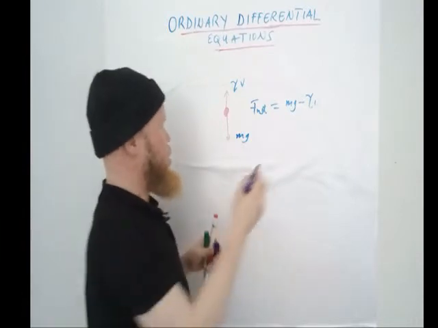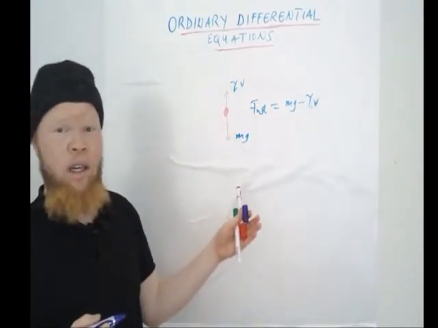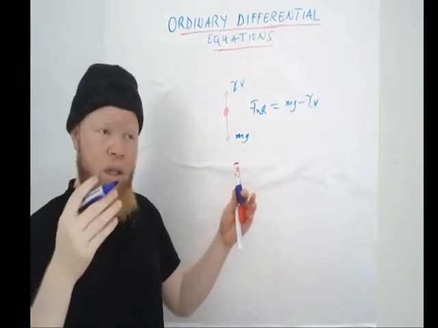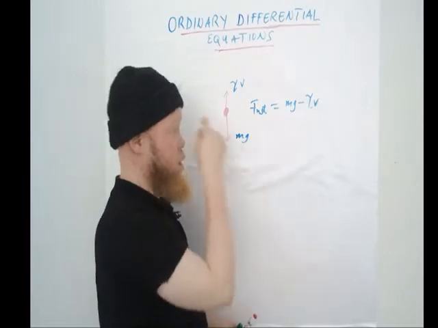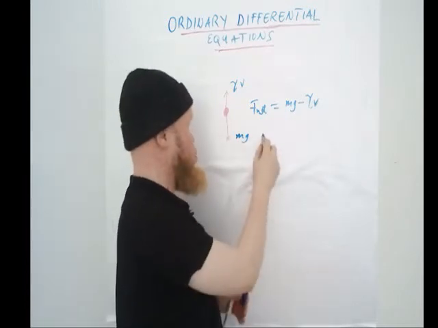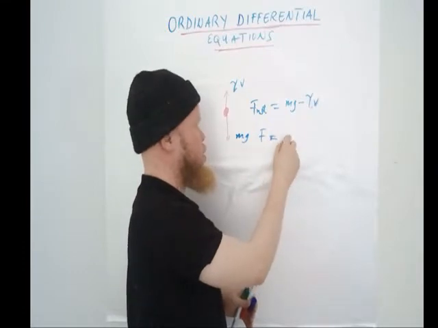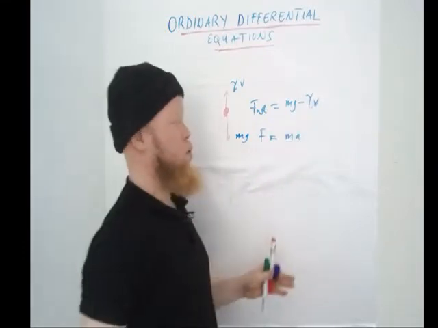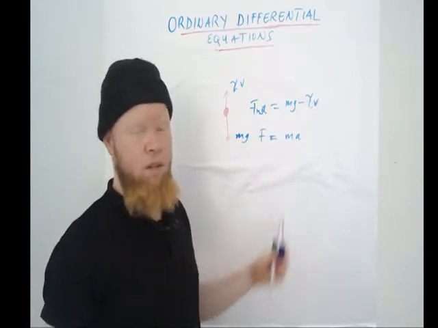So this is a mathematical equation, but we want to express this with derivatives inside. You also know from physics, Newton's law of motion, that net force is given by ma. So how can we express this in terms of a derivative?